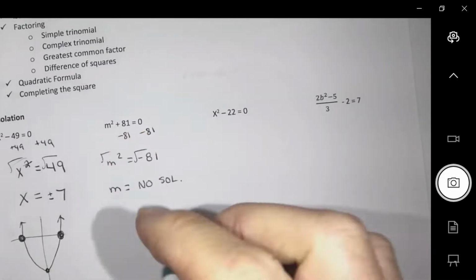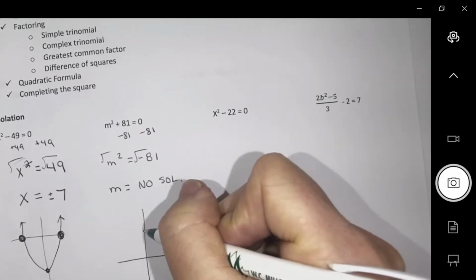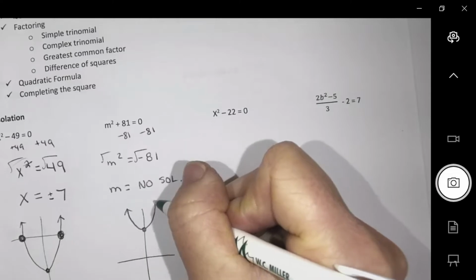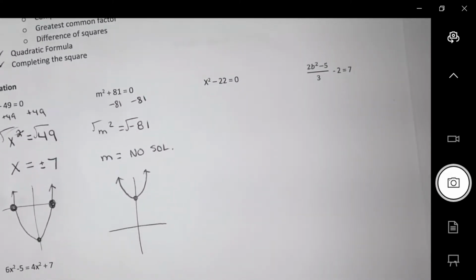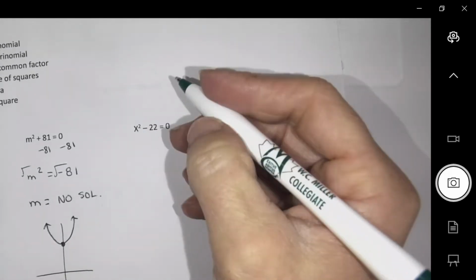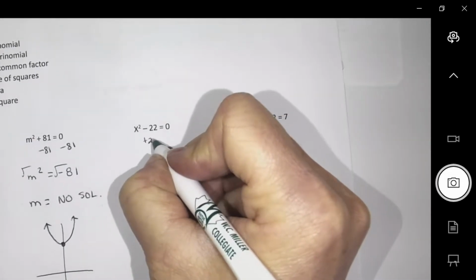M squared plus 81. So it's a parabola way up at 81. Where's that crossing the x-axis? Never. There's no way that's going to ever cross. And that's mathematically why. Okay, next one. I'm going to add 22.